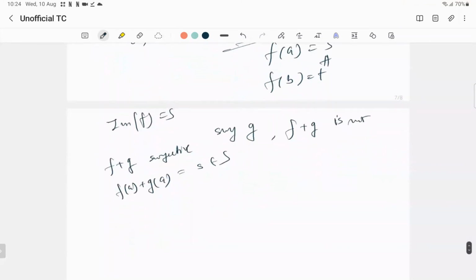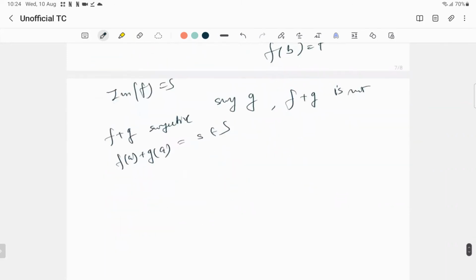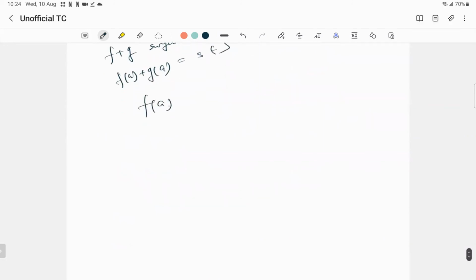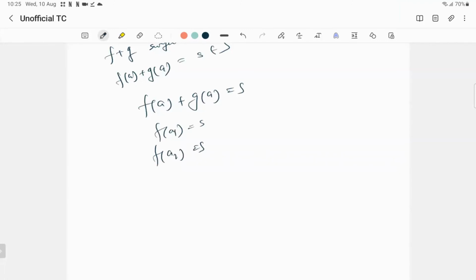If we have more than or equal to two values of a such that f of a is equal to that s itself, then we would get a contradiction. If we have, for any a, f of a plus g of a is equal to s, and if we get that f of a is equal to s for at least two values of a. Why would that be a contradiction? Say f of a1 and f of a2 are s.